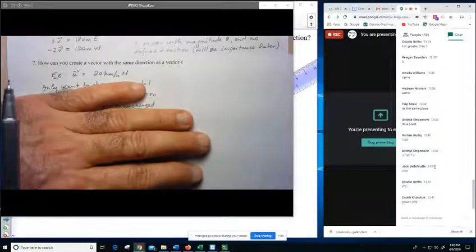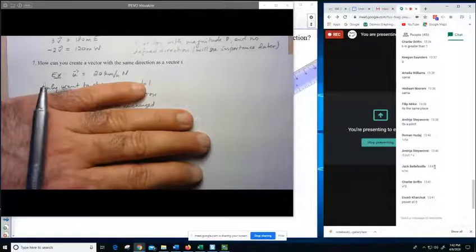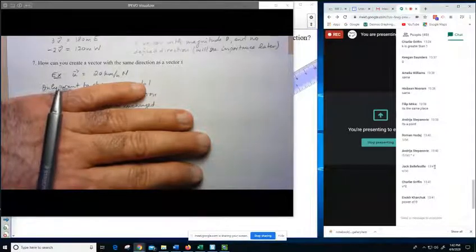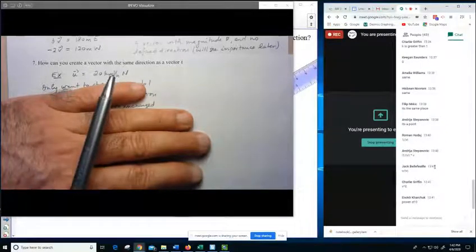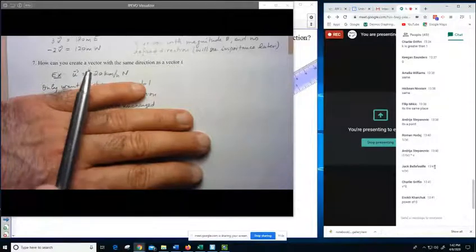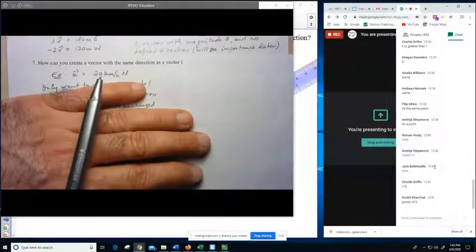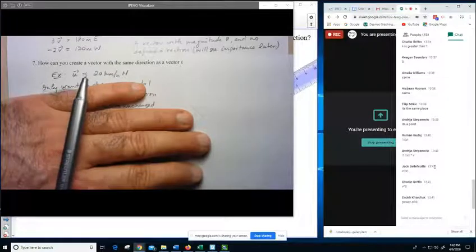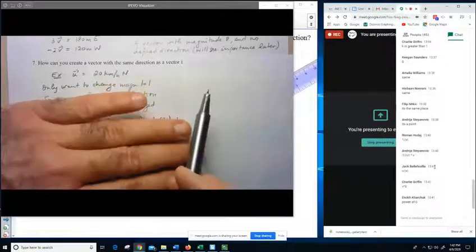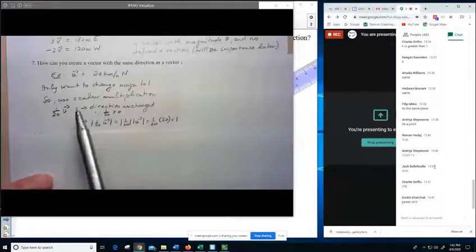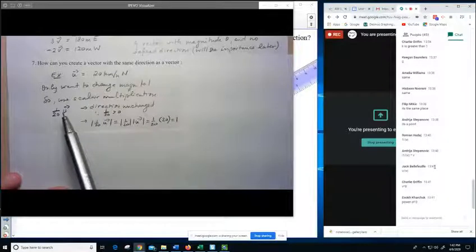The only thing we've actually defined is this idea of scalar multiplication. So the question is, can you use scalar multiplication to take this magnitude of 20 and turn it into magnitude of 1? The idea here is, what about just multiplying that given vector by 1 over its magnitude?